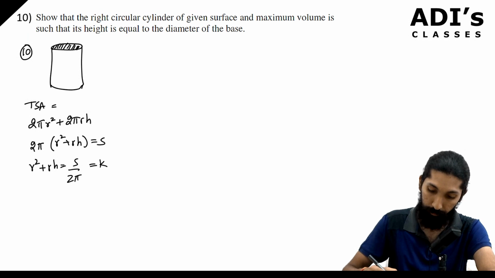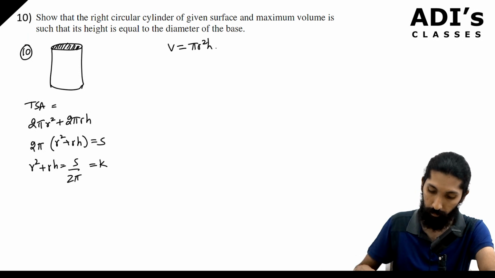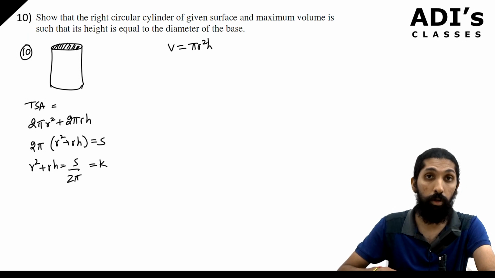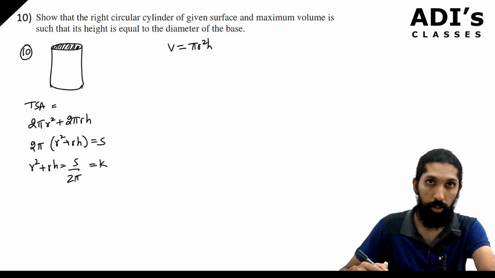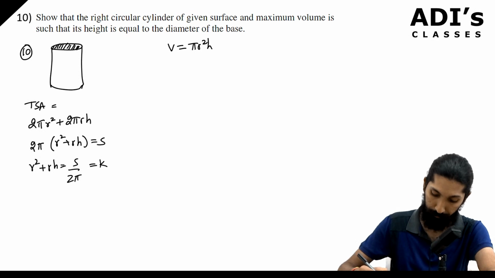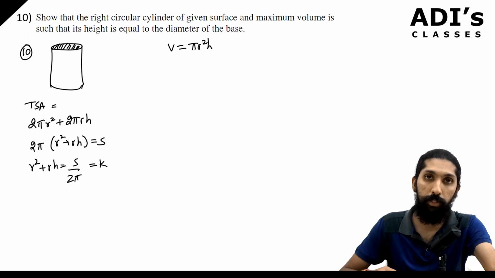Now volume V is equal to pi r square h. Correct? This is the volume of the cylinder. So when you have V is equal to pi r square h, you can differentiate this and get it, or without that, by the substitution way, you can get it. So now let's look at the next method.